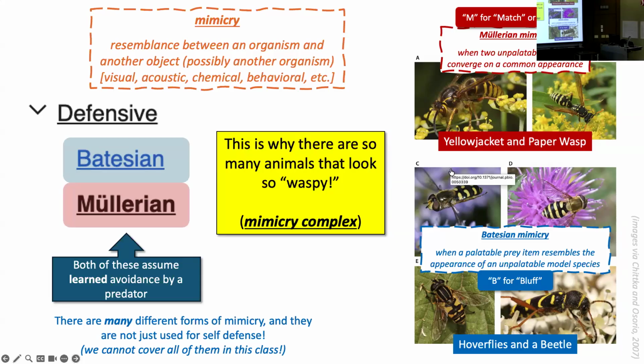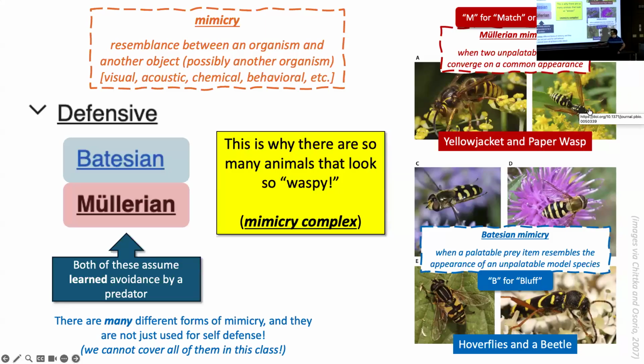In Muellerian mimicry, two different species of wasp may end up looking similar. Both of these assume that predator avoidance is driven by learning. It's not driven by an innate avoidance.